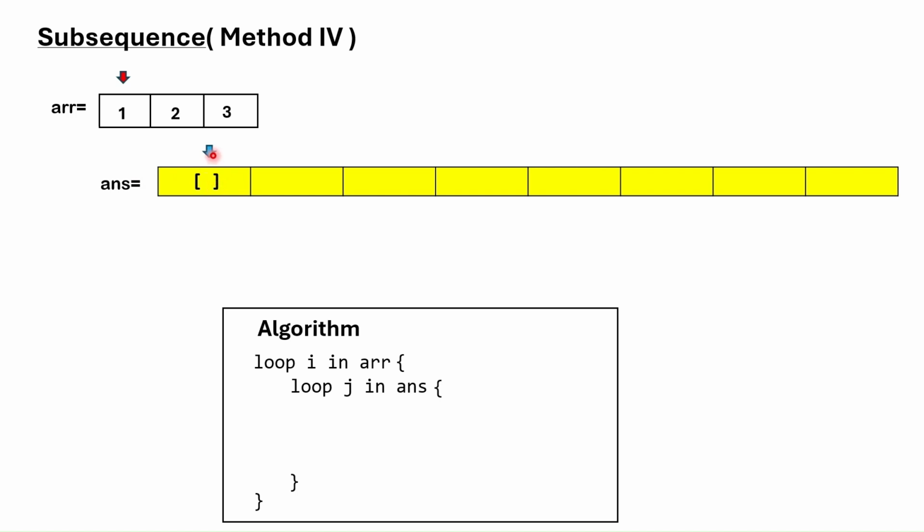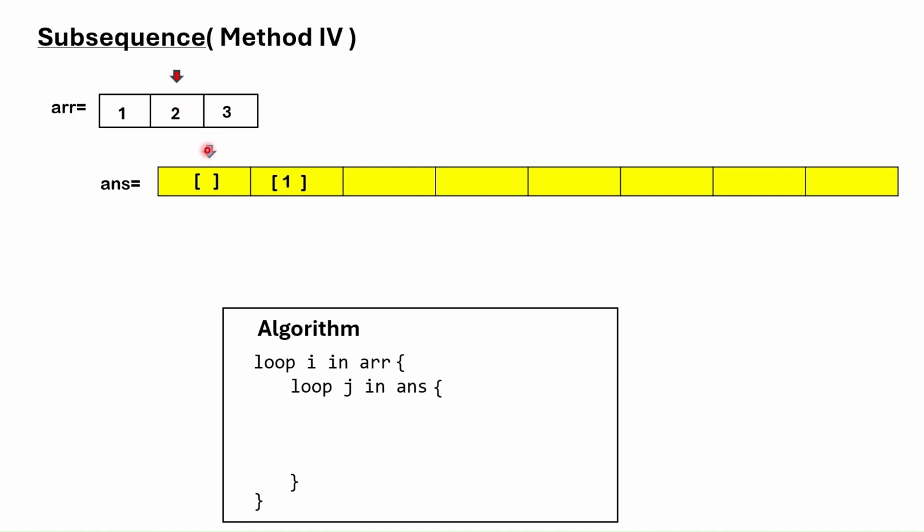So this inner pointer will run only one time. We copy this and store it in a temporary array, then push this one in that array, and then push it in our answers array and move this pointer.